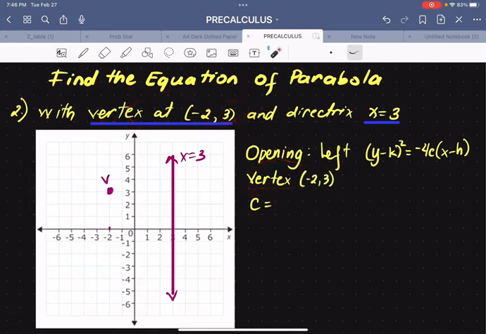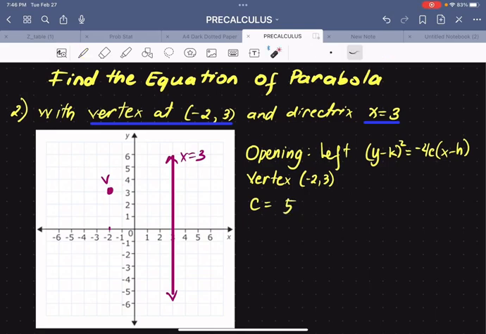And the value of c, when we say value of c, that is the focal length, the distance between the vertex and the focus, or that is also the distance from the vertex to the fixed line, which is the directrix. So this is the vertex and this is the directrix. We can say that the value of c is 1, 2, 3, 4, 5. Okay, so 5 is the value of c.